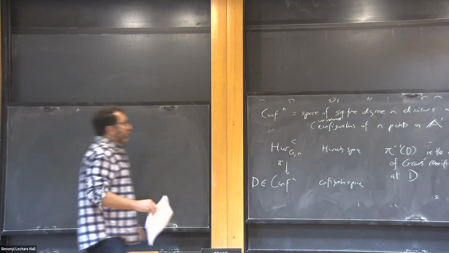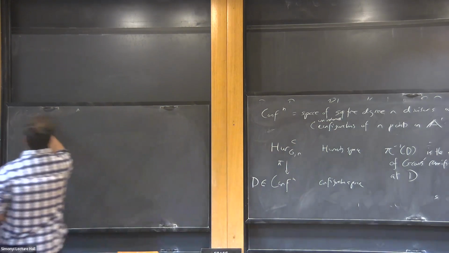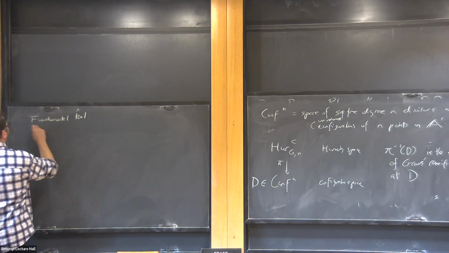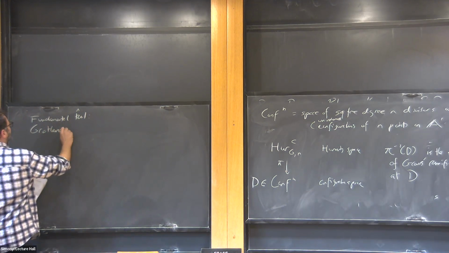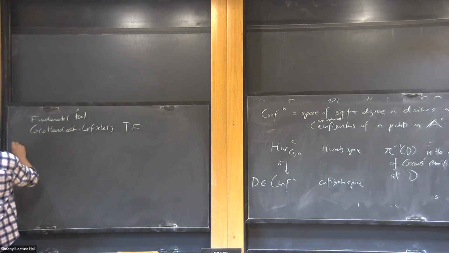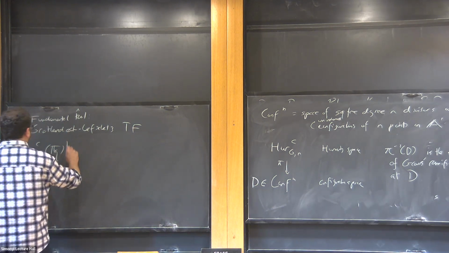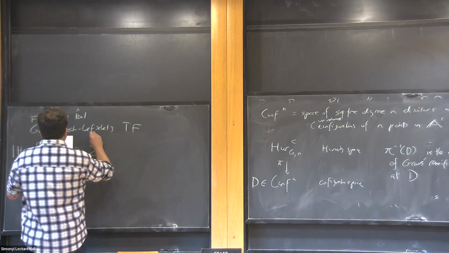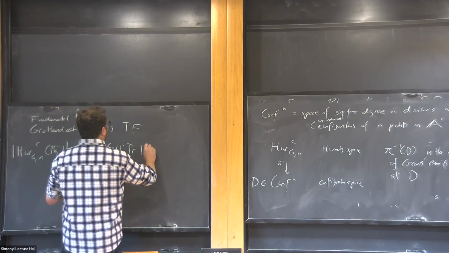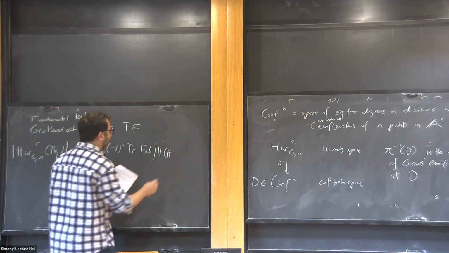So the fundamental tool: we're trying to compute the number of F_q rational points on some space, and the fundamental tool for doing that is the Grothendieck-Lefschetz trace formula, which allows me to express this number as an alternating sum from i equals 0 to, since this is an n-dimensional space, 2n, of the trace of Frobenius acting on, uh-oh, I'm doing that thing again where I'm not supposed to write over here.